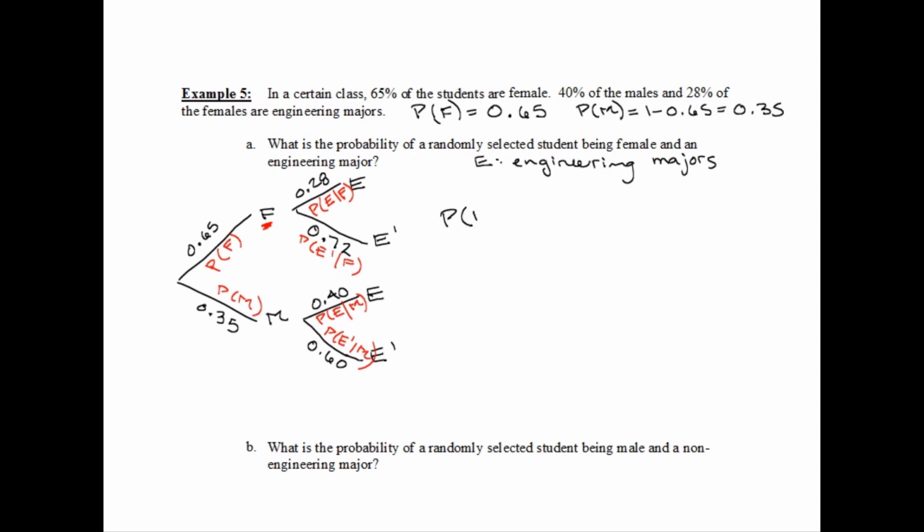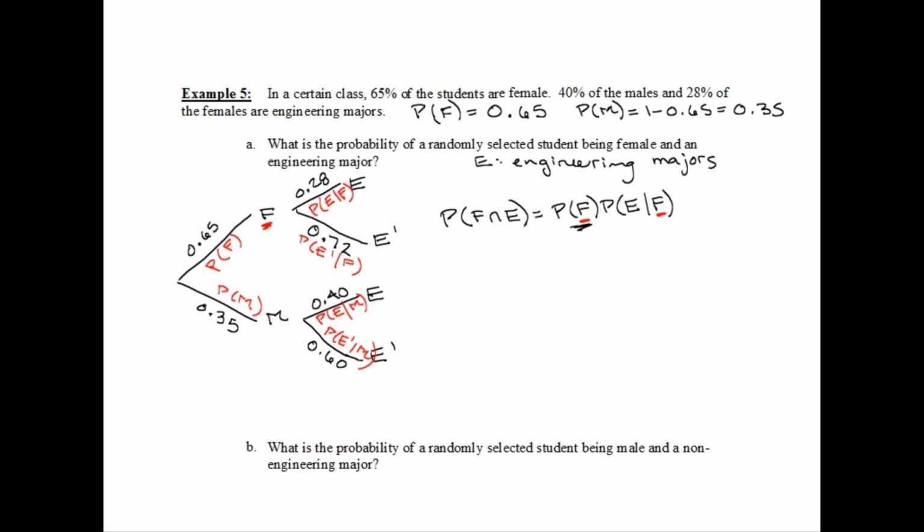So that means F intersect E. According to our product rule, this will be the probability of F multiplied by the probability of E given F. Remember, the probability that we're multiplying by here is the probability of the given. So, in other words, these two match.